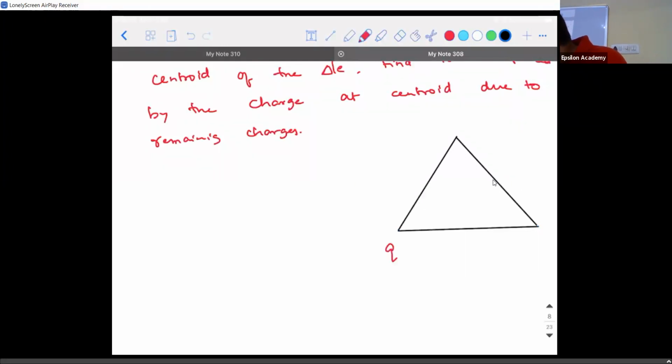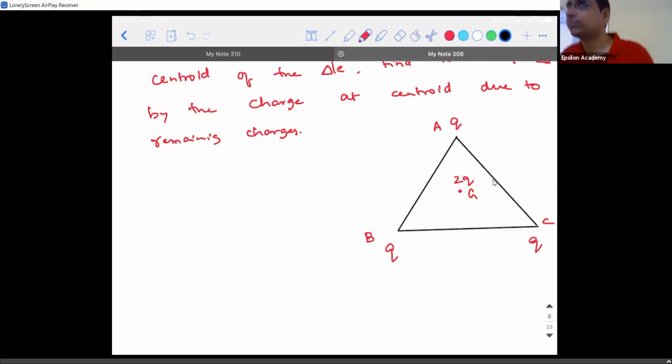There are 3 point charges Q placed at the vertices. There is a fourth charge which is 2Q, placed exactly at the centroid of A, B, and C. Now I am interested to calculate the force experienced by the charge 2Q due to the remaining 3 charges.